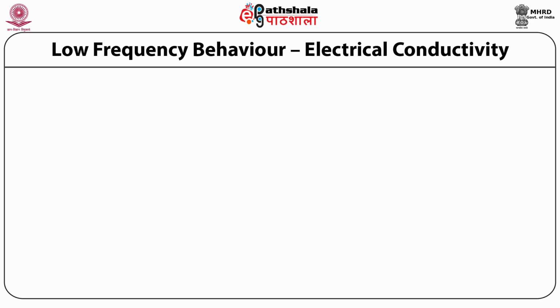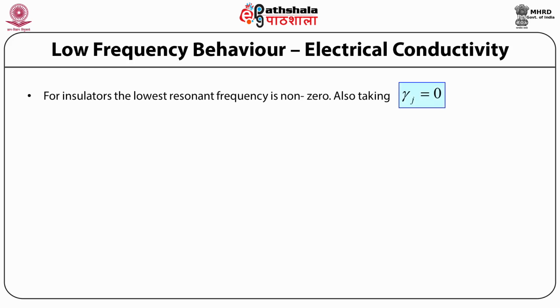Now let us see the low frequency behavior of electrical conductivity. Let us look at the low frequency limit of the behavior first. The low frequency response depends crucially on whether the lowest resonance frequency is 0 or non-zero. For insulators, the lowest resonance frequency is different from 0.